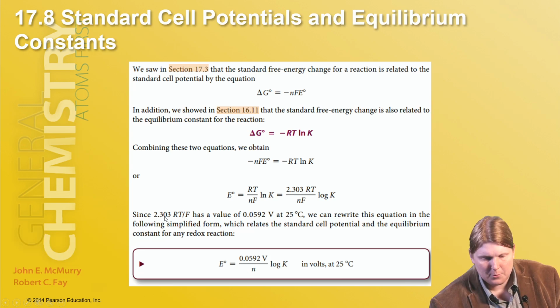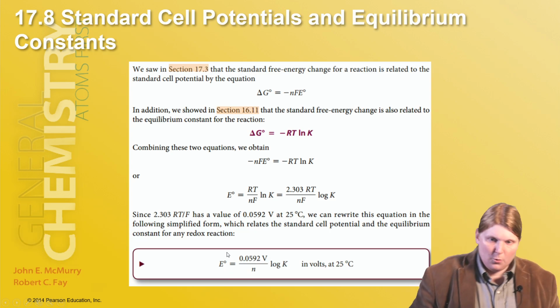They have this 0.0592 over n, from RT. Again, this comes from our natural log of K converted to a log base 10. Again, for simplicity and for standardization. This allows us to calculate E cell naught under standard state conditions given the value of K and the number of electrons transferred, or vice versa.